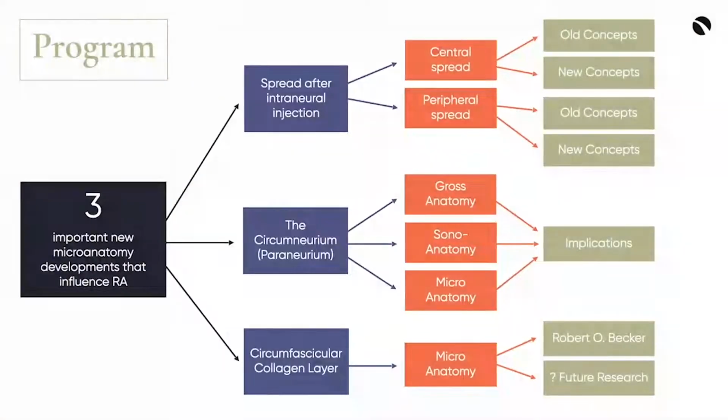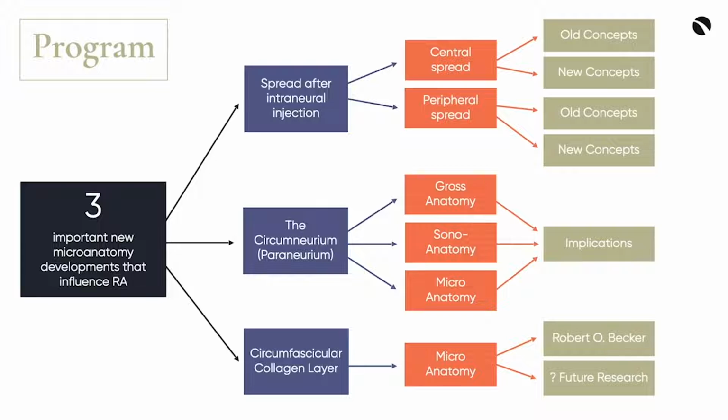The microanatomy of the brachial plexus is very well described, and I refer you to any standard textbook for this. There are, however, 3 recent microanatomy discoveries that potentially have a profound influence on how we do regional anesthesia that I would like to highlight.